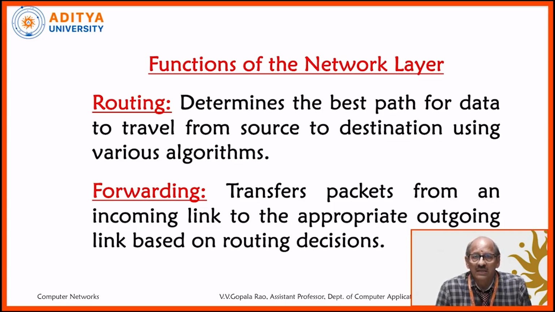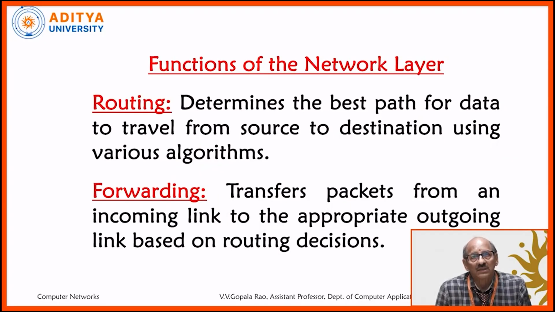Routing is the concept of deciding the best path for allowing the data to travel from the source to the destination, because if you are not choosing the best path, automatically it will be very expensive, and during the transmission there may be loss of data. These are the problems you may come across if you are not choosing the best path.